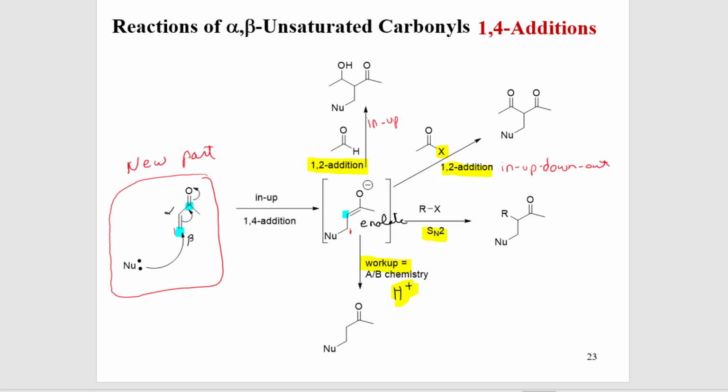But understand that this is only the new part, the beginning. Once the nucleophile attacks the beta position and you cascade the electrons all the way up, you are smack dab in the middle of old chemistry. Well, old given that we just learned it in this chapter, but before this slide, up till this point, the rest of it is repeated chemistry we just covered.